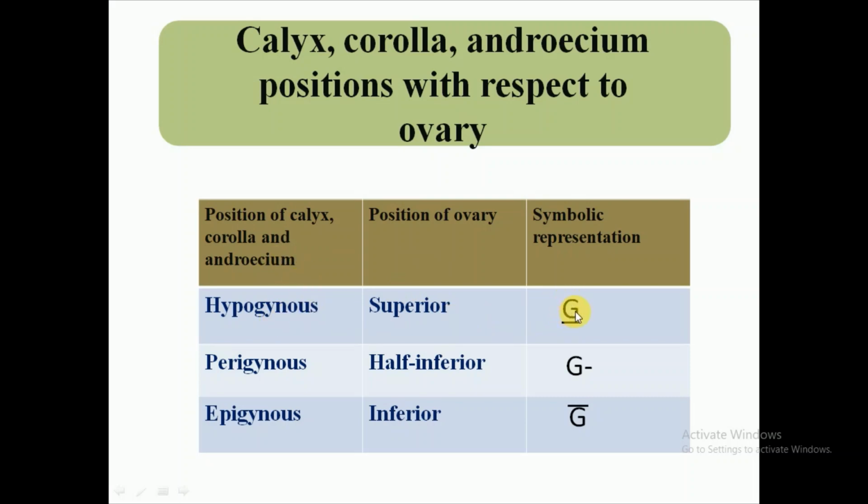The symbol G represents the gynoecium or ovary, and this dash represents the position of calyx, corolla and androecium. In the perigynous condition it is half inferior, it is not completely enclosed. In the next condition it is epigynous, which means inferior, where the ovary is completely enclosed, and over the gynoecium we can see the position of calyx, corolla and androecium.